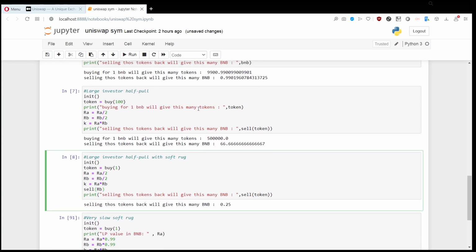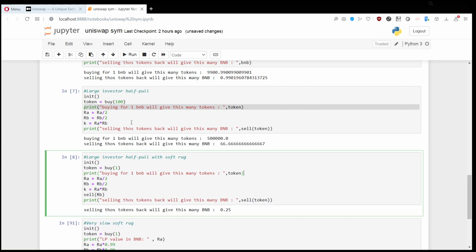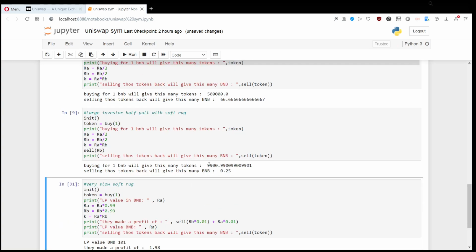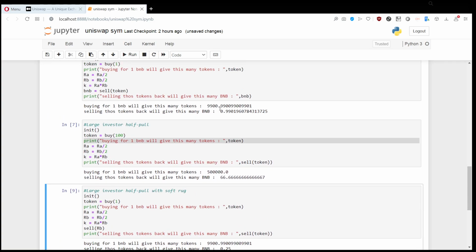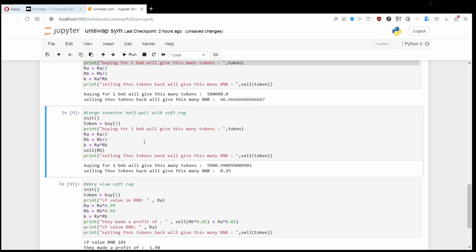the text wasn't really updated. I can just place this one here. So when you buy, you get the same amount of tokens as before, 9,900. When you sell, you only get back 0.25 BNB. So this is basically a 75% loss, or 1/4 of the value is left, and that's what you expect.